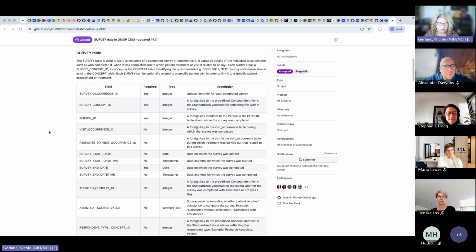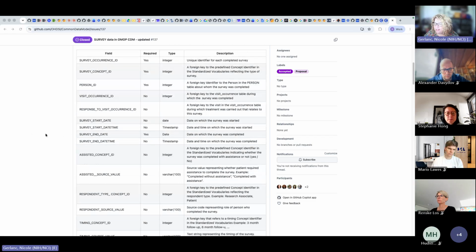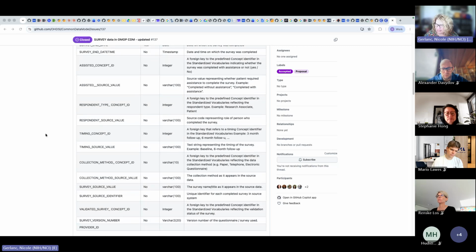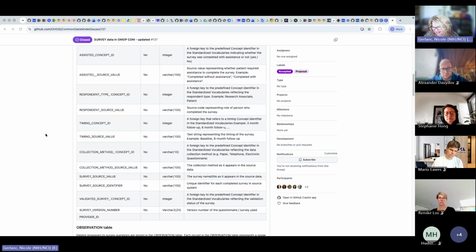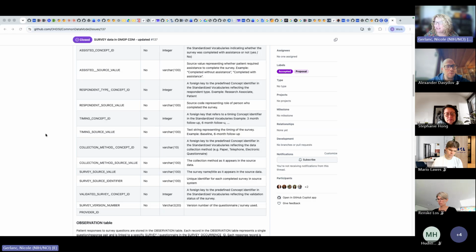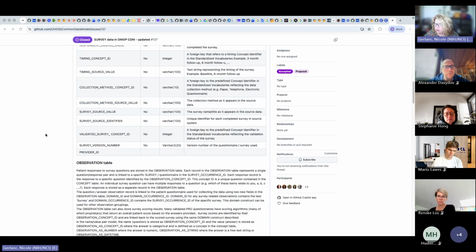And of course, a concern with that has been overloading the observation table. I've not wanted to dig into it until I had some more information, but I haven't been able to get anybody to speak to that. So I figured it's time we dug into it because that concern repeats itself. And this does look like it covers a lot of the things we've been saying we would like to include.